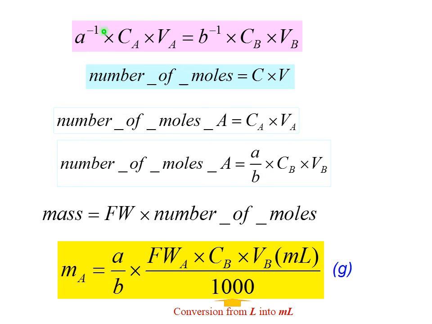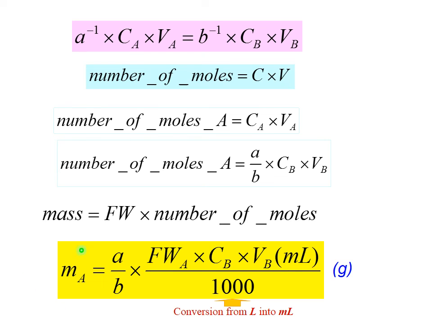The number of moles of analyte is the concentration of analyte multiplied by the volume of analyte. But from our previous equation, we know that the number of moles of A will be coefficient of A divided by coefficient B, but now we have concentration of titrant times volume of titrant. Now, a mass is formula weight multiplied by number of moles.